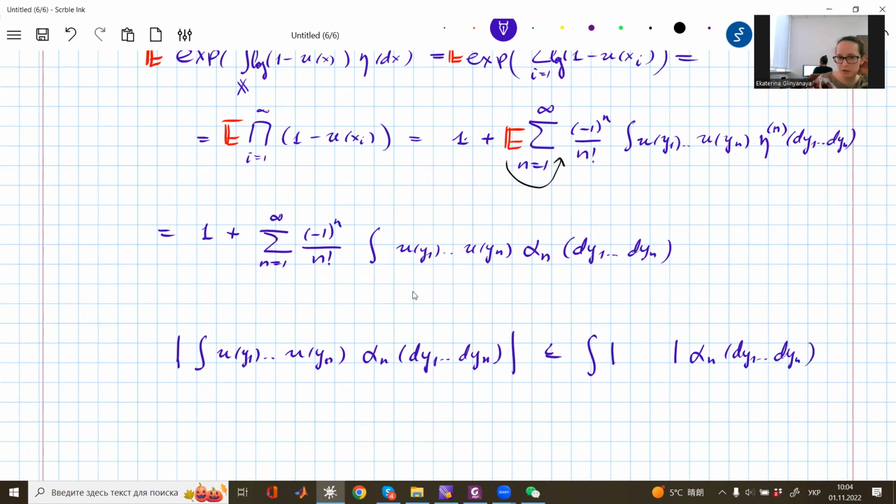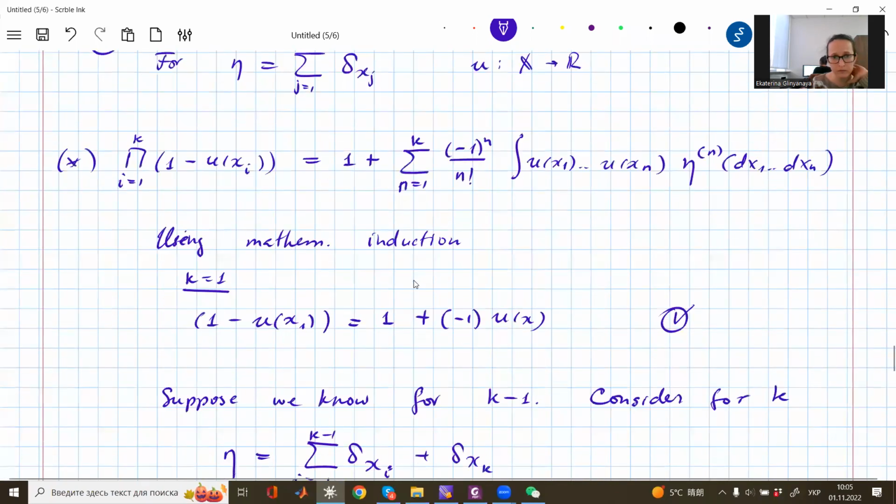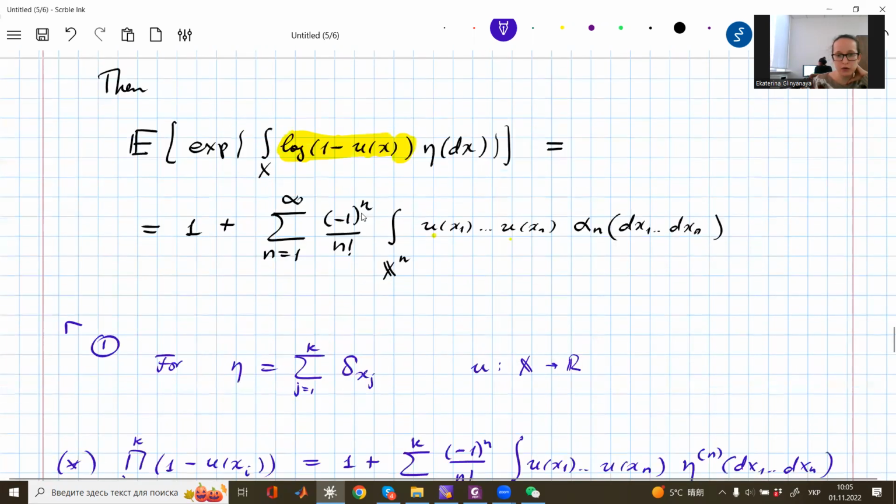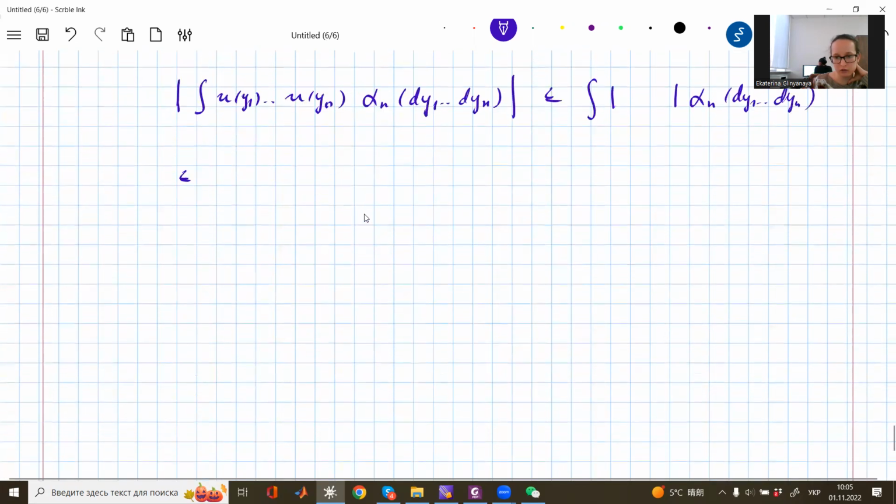And by assumption, what do we have? Let us recall. We have that the function is bounded by a constant that is less than 1 over c, and the factorial measure of, and it is important that the function u is 0 outside of the subset b. So we can consider this integral just on the subset b.